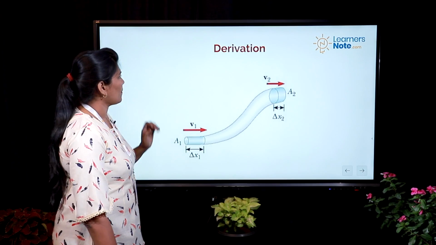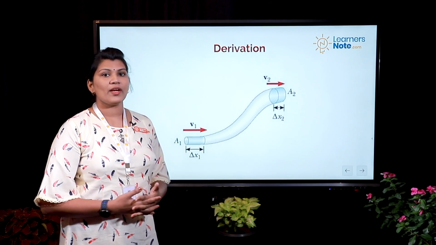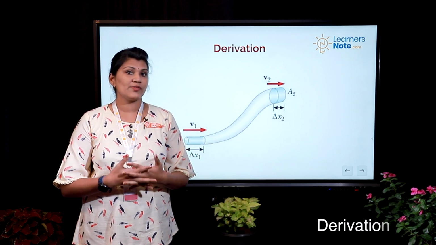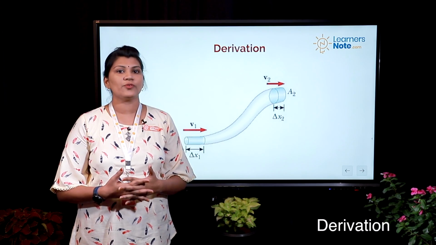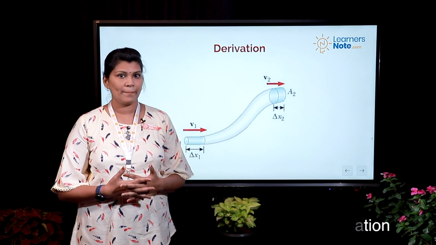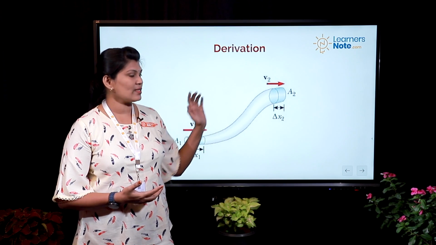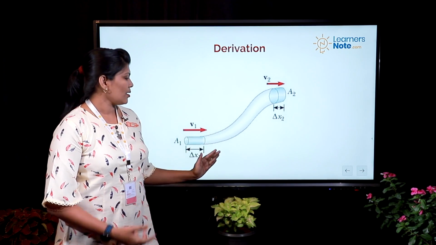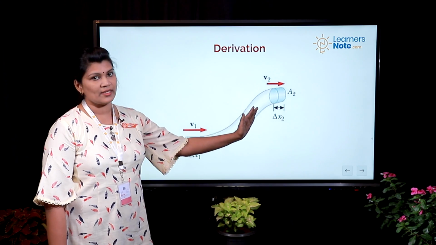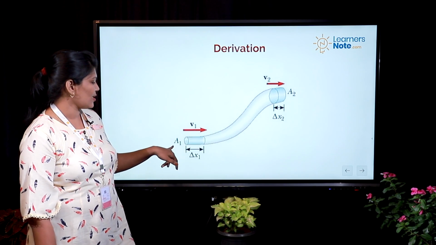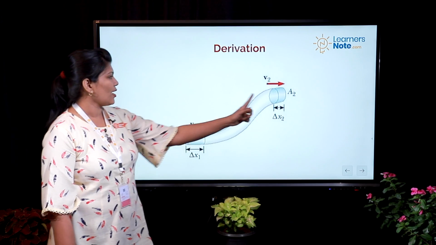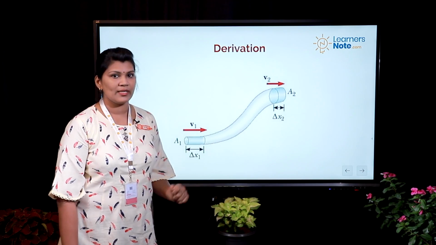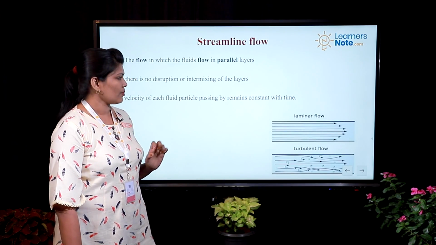Then next we are going to derive the equation, that is, we are going to find the expression for this Bernoulli's theorem. For that we have to become familiar with this picture. This picture represents a pipe having different areas. Here A1 is the area of this portion and A2 is the area of this portion. They have different areas.